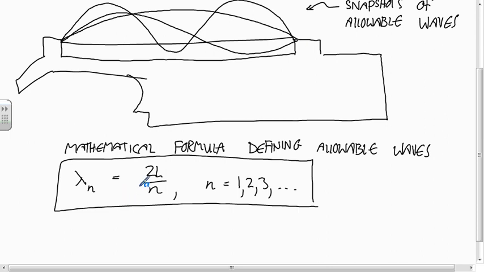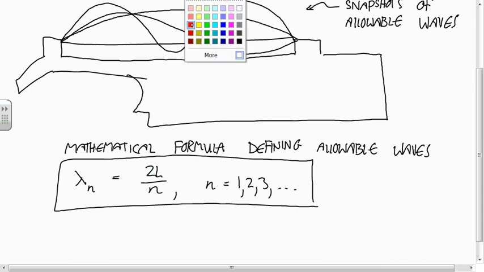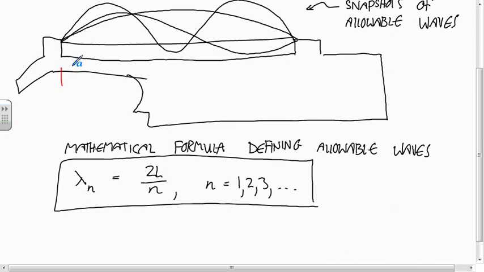And let's just make sure that this works, okay? For n equals 1, we have that the wavelength is equal to 2 times the length, where the length is the speaking length of the string, the length of the guitar.